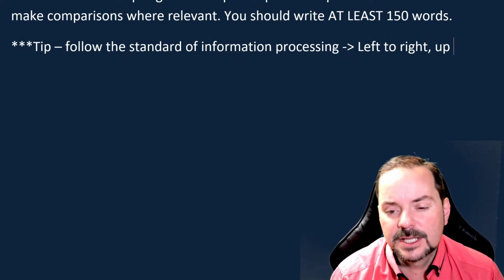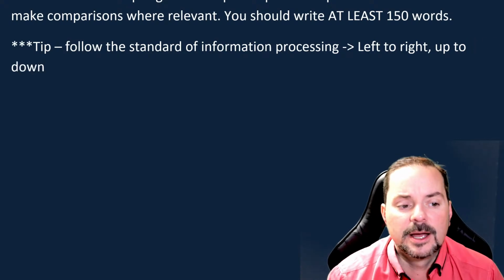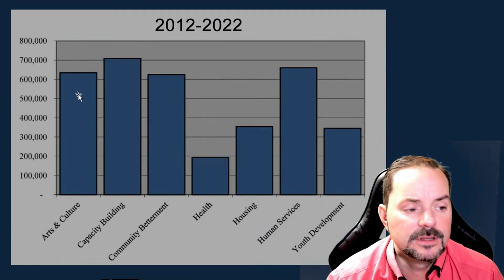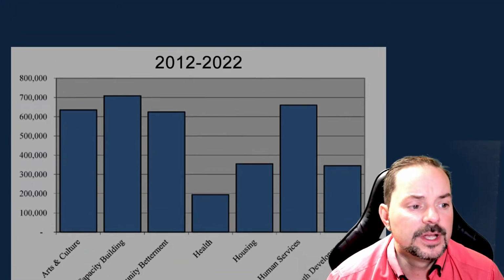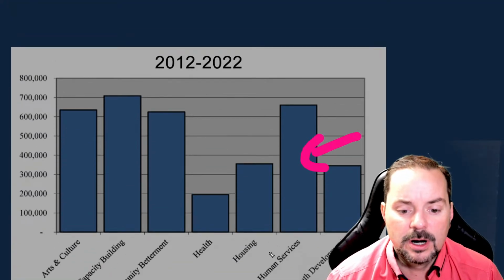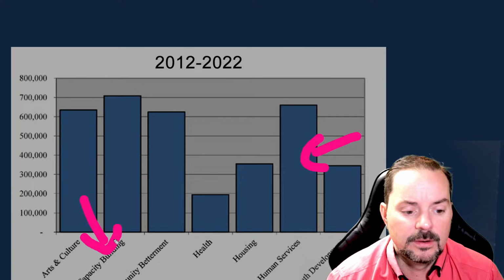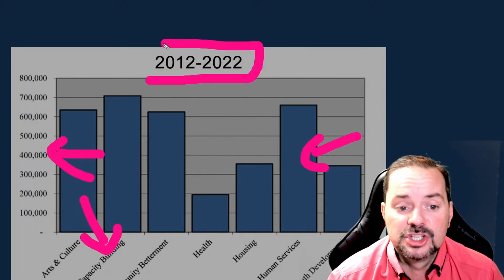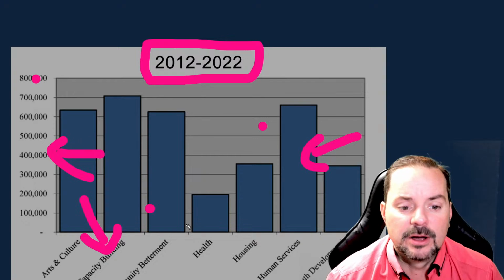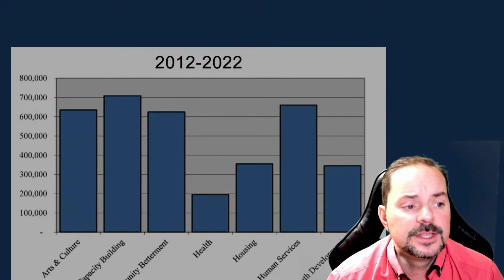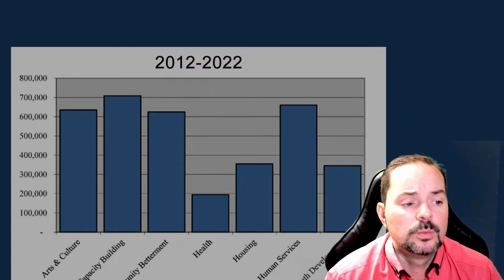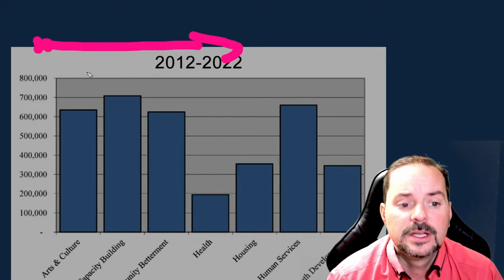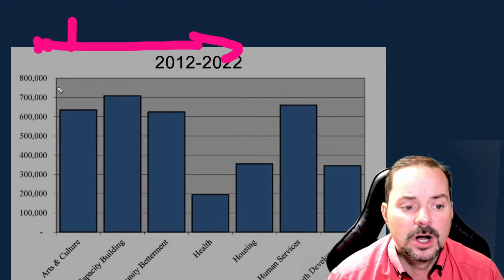It might sound funny that I say this, but I'm kind of surprised sometimes how when students see a graph like this in the IELTS, they kind of jump right away to the bars, or they look at the y-axis, or they start looking at the numbers in the x-axis. They completely jump the years. So they kind of jump around to different parts of the graph. That's not a good idea. So what you want to do is you always want to start from here, going this way, and then going from top down.